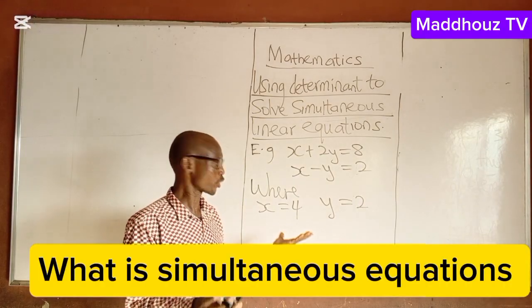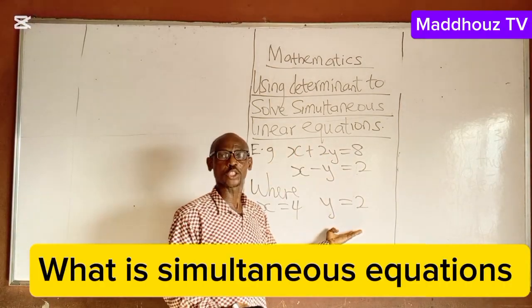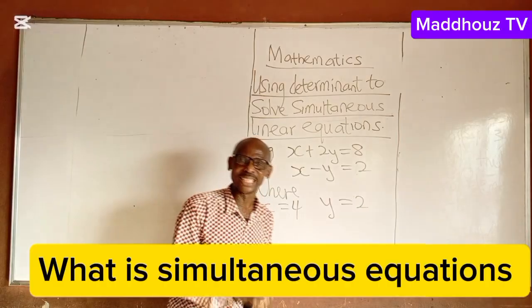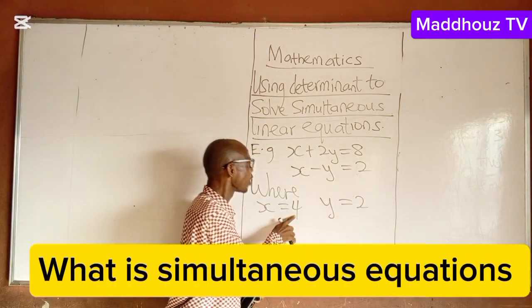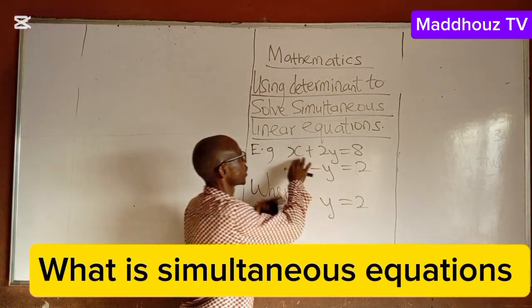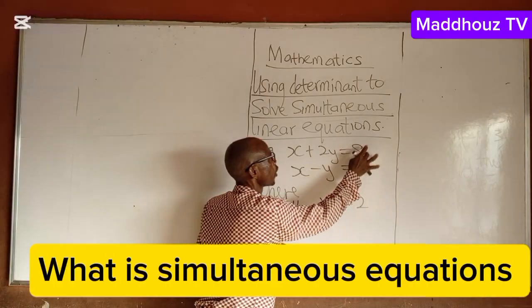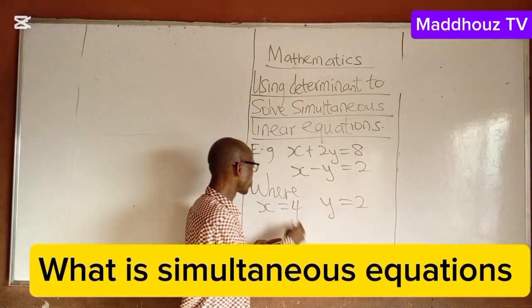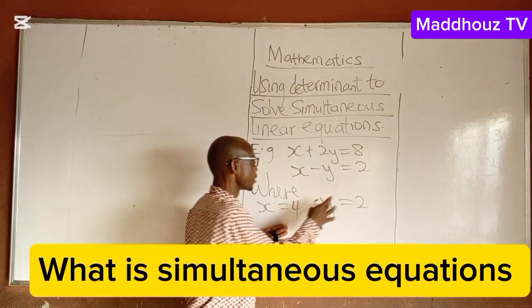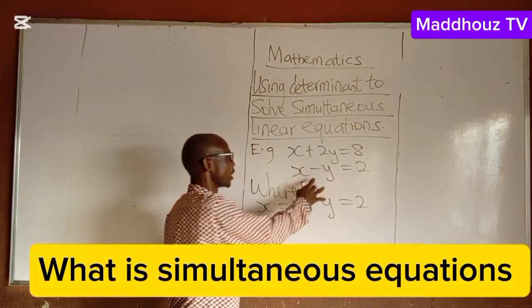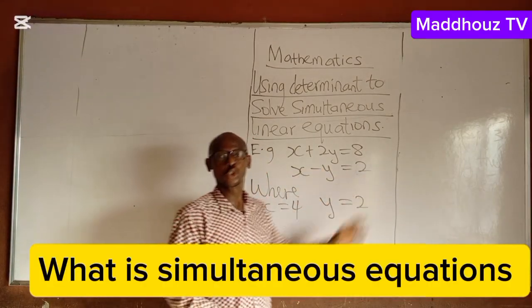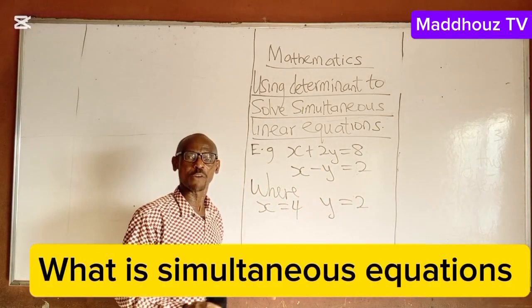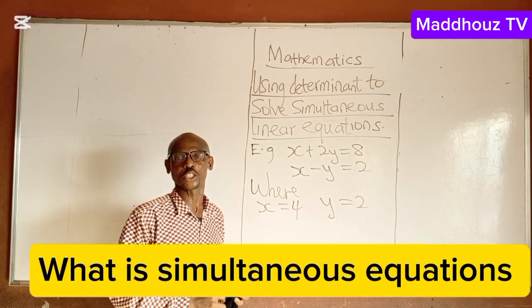It means that if we put 4 and 2 in this equation here, it will be equal to 8. And if we also put 4 for x and 2 for y in the other equation, it will be equal to 2. That is the meaning of a simultaneous equation.